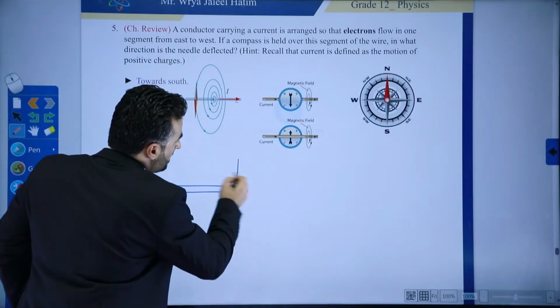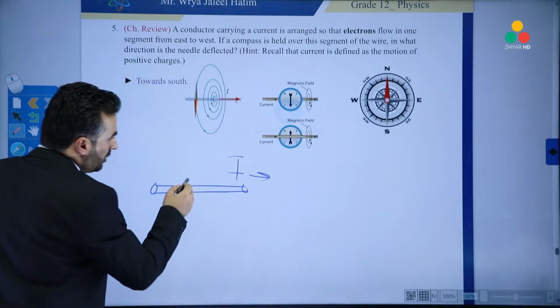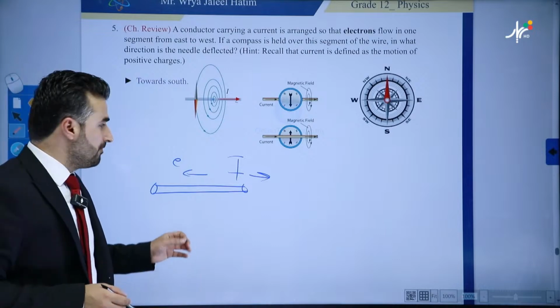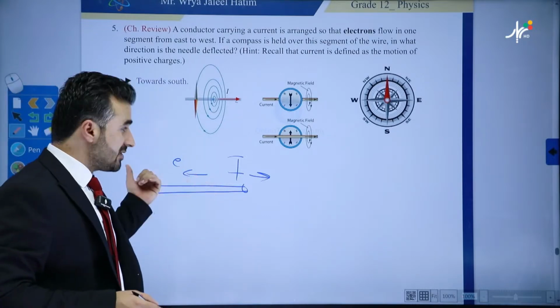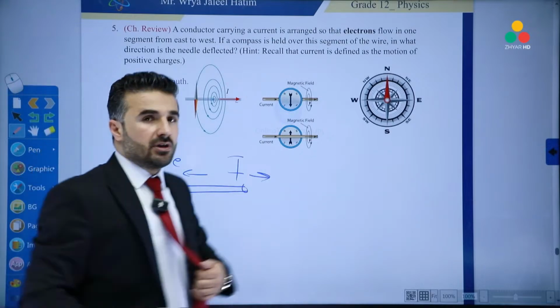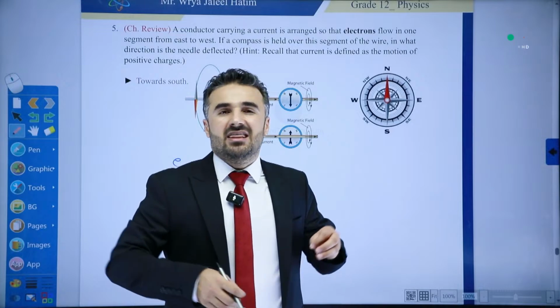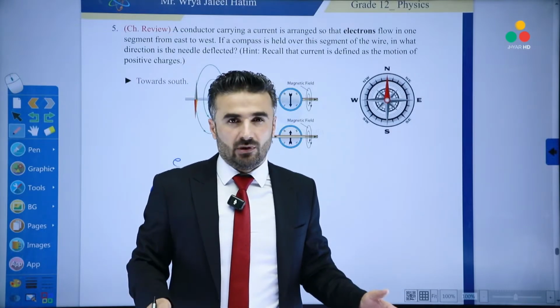So if the current is moving this way, the electrons would be moving in the other direction. Remember this, guys, okay? To simplify, current will always be in the opposite direction of the electron flow.